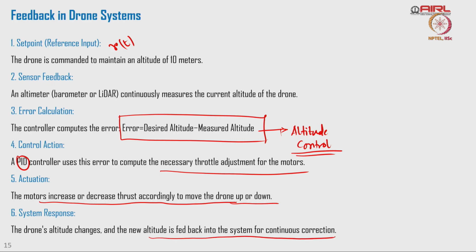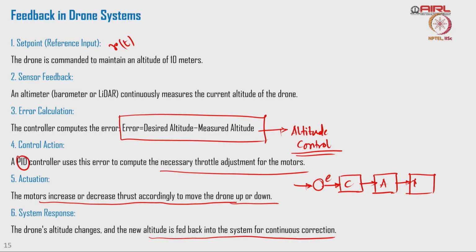So, doing the correction only one time might not be sufficient. When we get this reference signal and it comes to the controller, the controller works on the error, giving the command to the actuator to increase or decrease the throttle, and accordingly the motors increase and decrease the thrust.